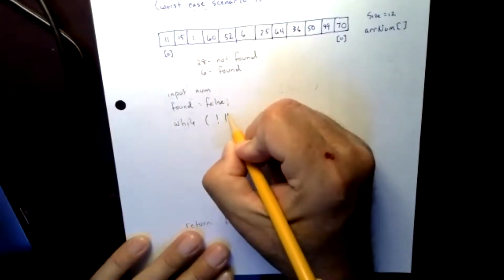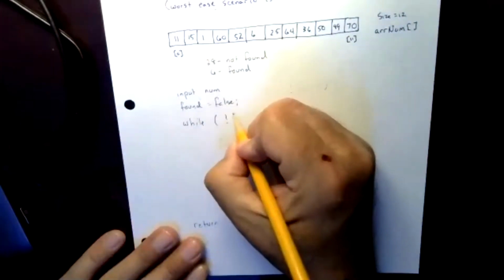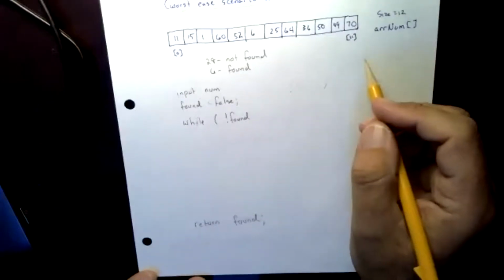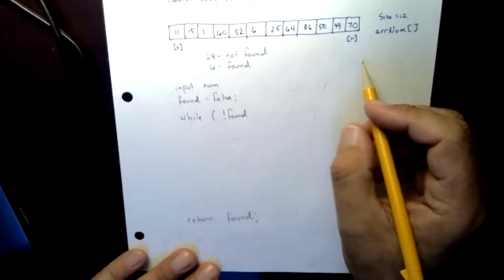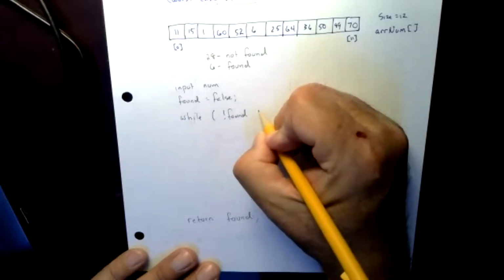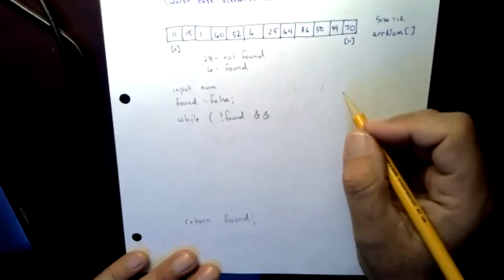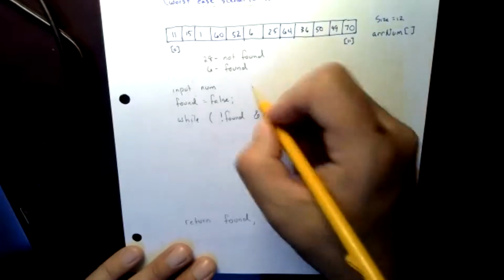Okay, so that'll make that a true. We'll also need, and I hear ands, we'll need an index to check that we're not outside of the array.